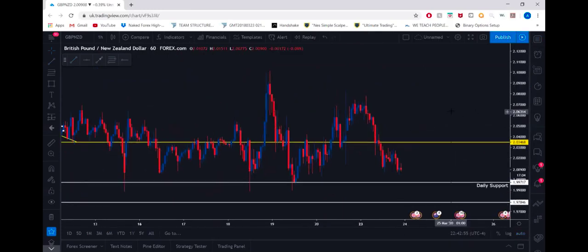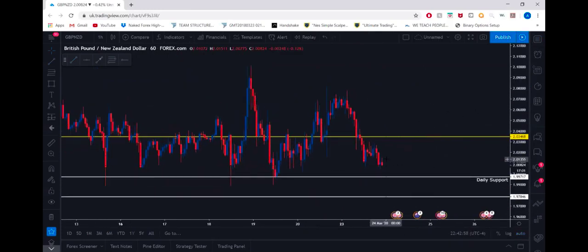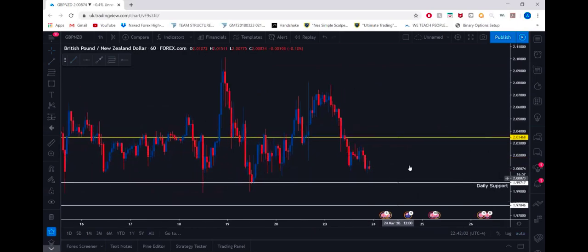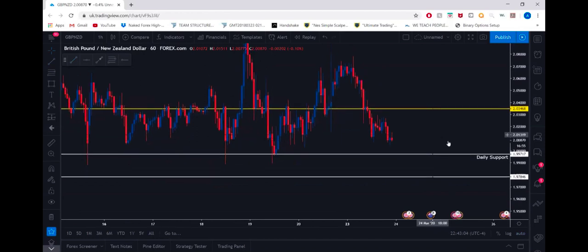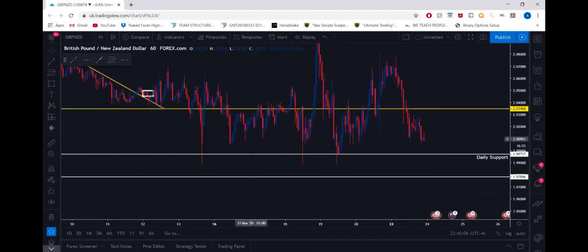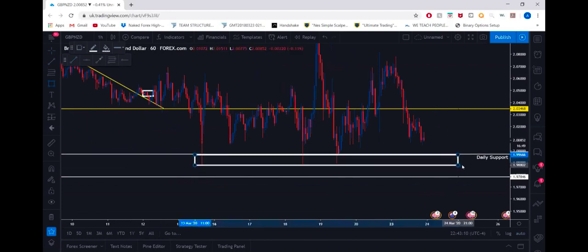GBP NZD broke back down. Let's see if we get further push down towards this support, and maybe we can look for yet another reversal from this zone. As you see, it's a strong demand zone right here.